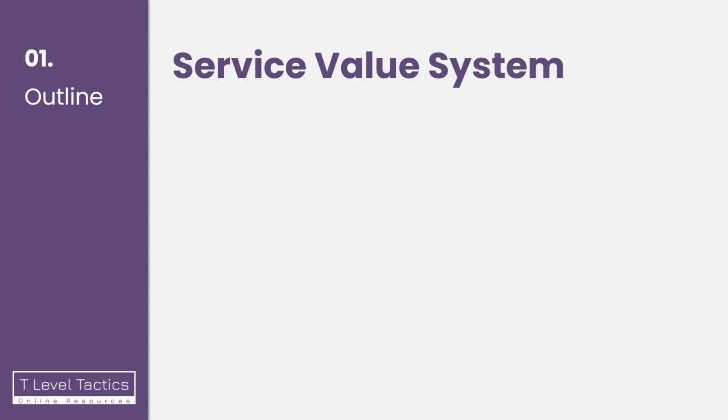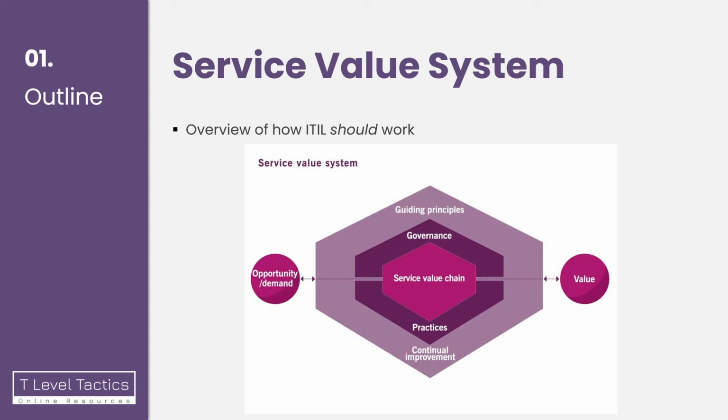Let's look at the service value system first. It's an overview of how ITIL should work, and it looks a bit like this. At the heart of it, you have the service value chain, which we're going to look at in a moment. And that's surrounded by governance and practices, which essentially means the policies and procedures in place by the organization and their methods of working. That's the practices bit.